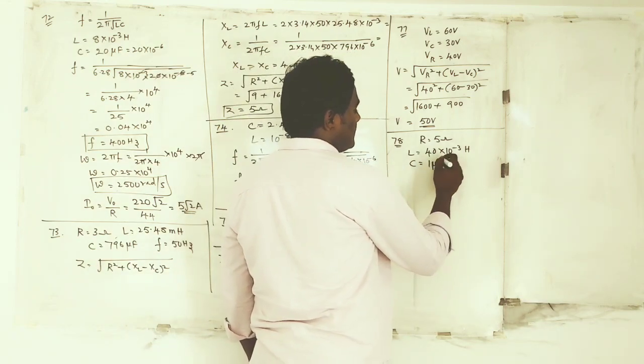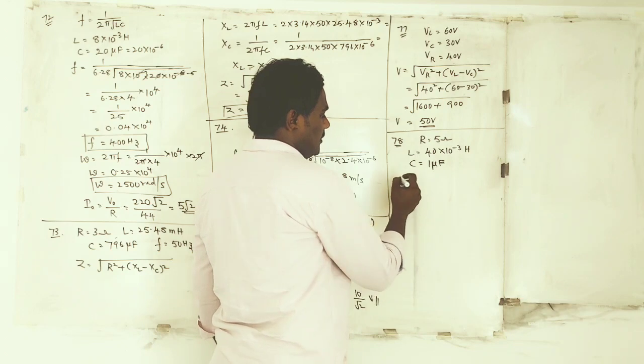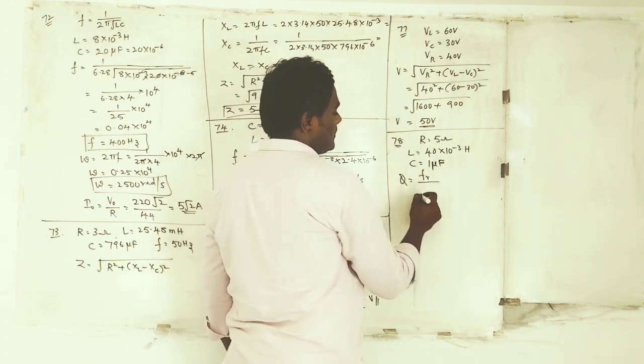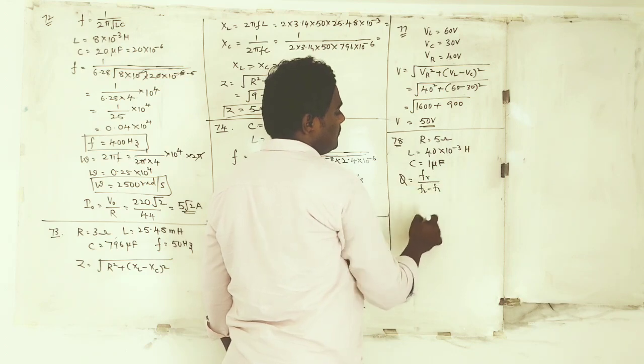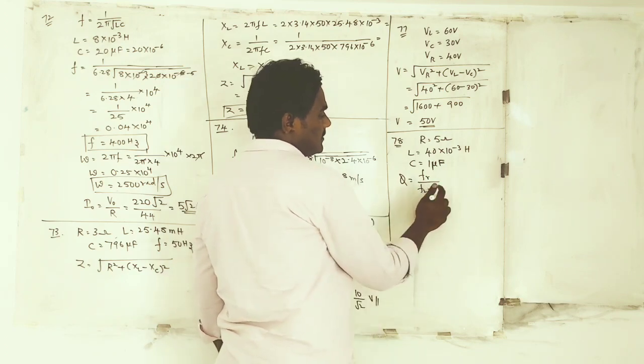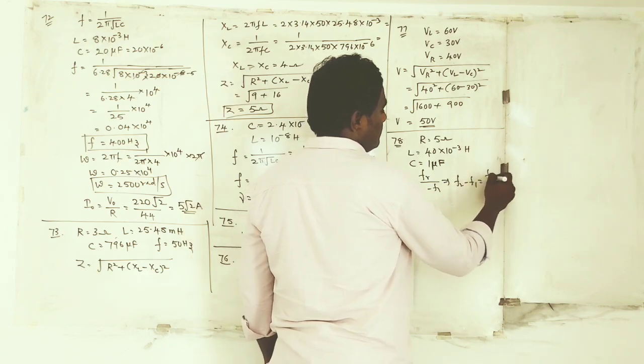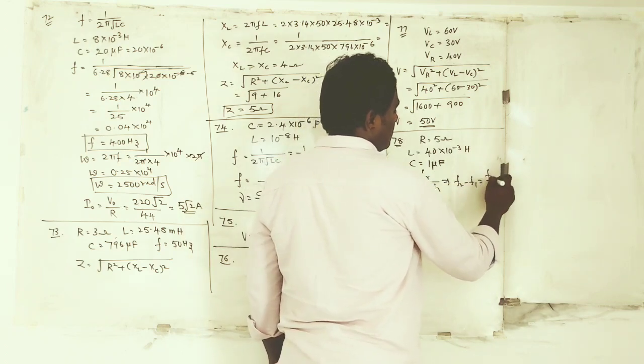Now what they are asking is bandwidth. You know the bandwidth formula you can get from quality factor as Q is equal to FR divided by F2 minus F1. So I will write the formula as F2 minus F1 is equal to FR by Q.